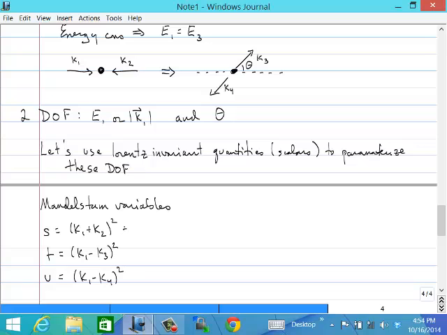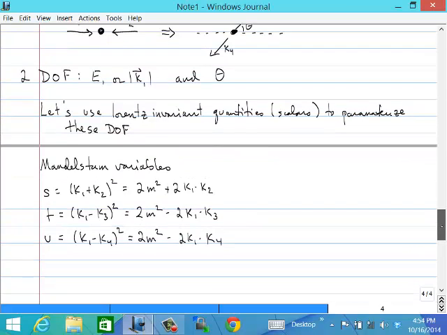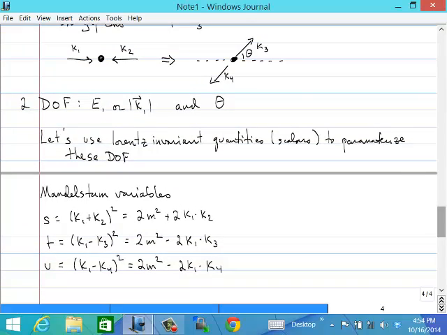Or if you wish to expand these out using the fact that all of the k's square to m squared, this is 2m squared plus 2 k1 dot k2, and similarly for t and u. And it's a fact that's not so difficult to prove, maybe you'll prove it on the next problem set, that these parameters E1 and theta can easily be written in terms of these Mandelstam variables.